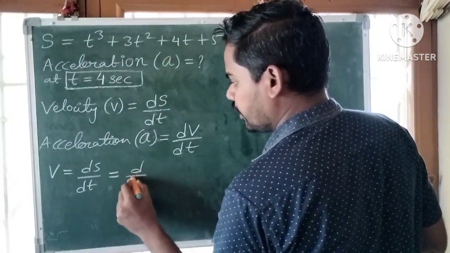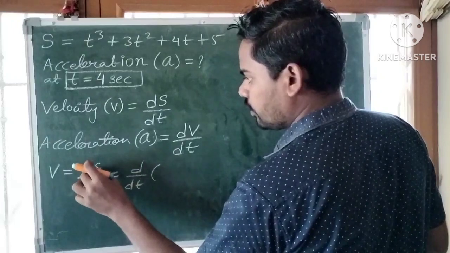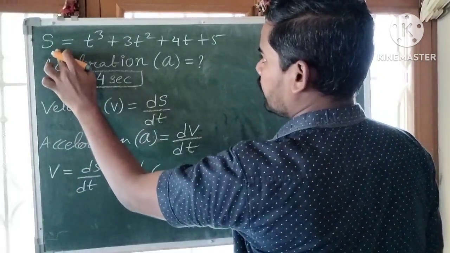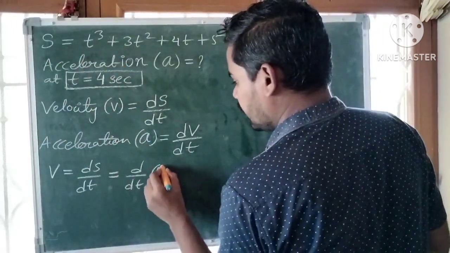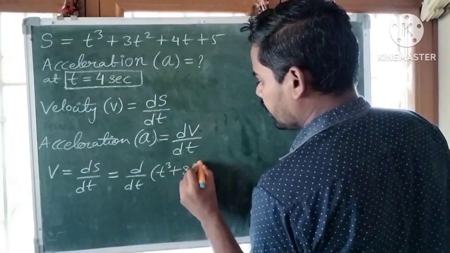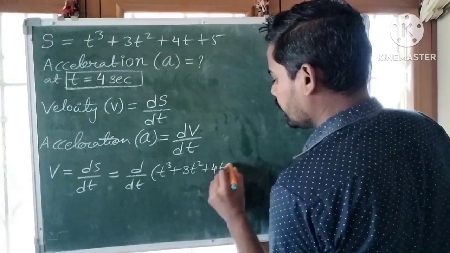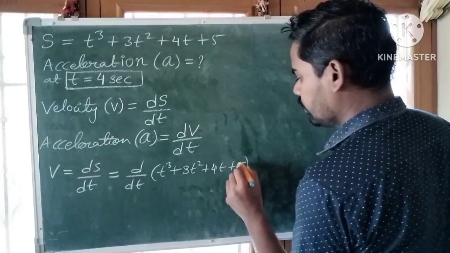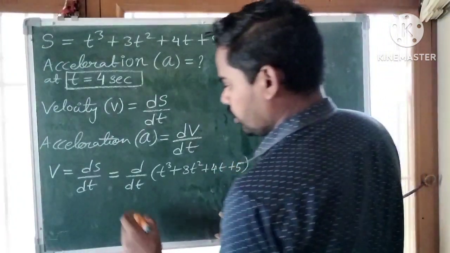v = d/dt of s, where the displacement field is t^3 + 3t^2 + 4t + 5.